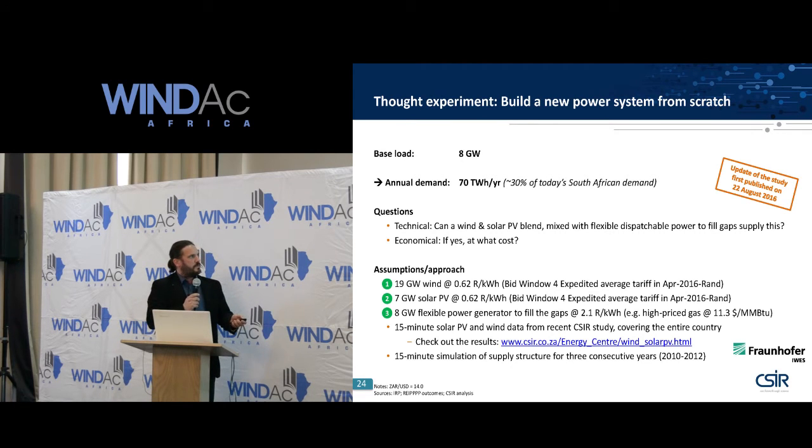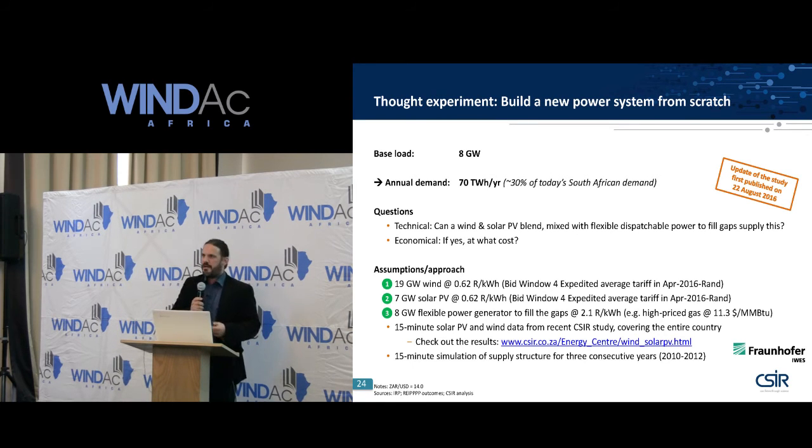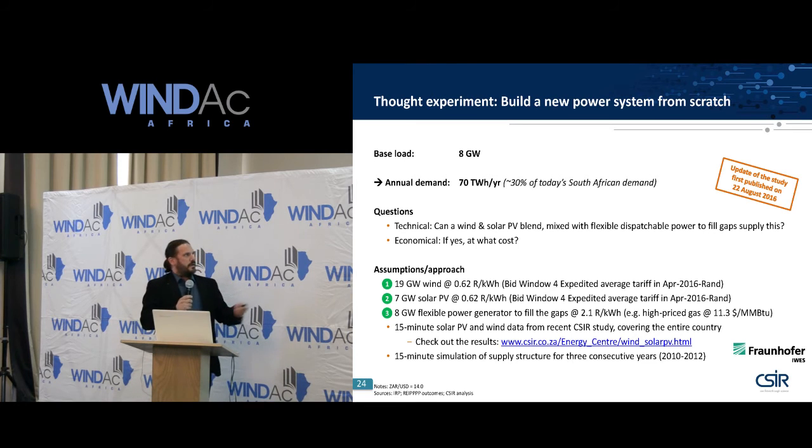We assume the actual prices of window 4 for wind and solar, which is in fact pessimistic because we will see further price drops for the fluctuating technologies, and we assume a very expensive flexible generation. It may be gas, it may be something else, filling the gaps.